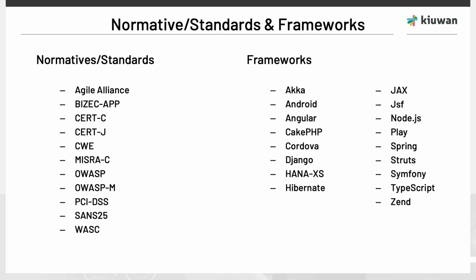As I said, Aaron and I spend a lot of time scanning source code, and we scan your source code and we look for patterns as defined by normative standards. And here you see an example of some of those standards that we scan for, something like 12 plus, 13 plus standards that we look for. And we also organize our world based on frameworks, so frameworks for common languages that we support and that you might use.